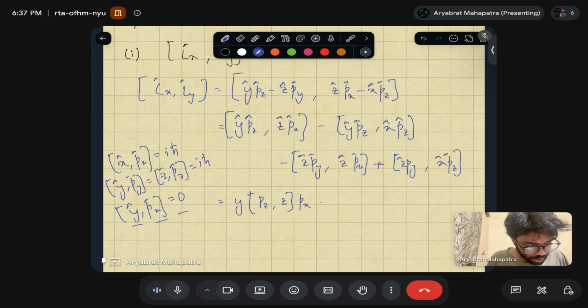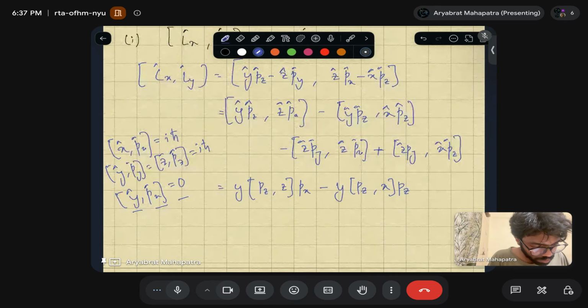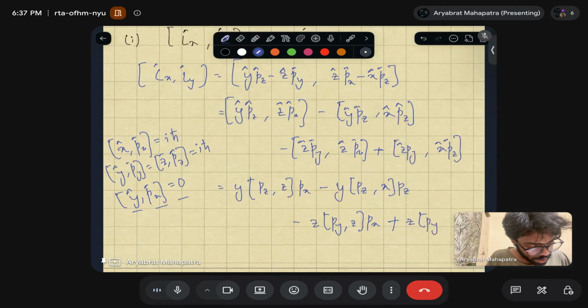The same thing I can do for y pz and x pz. Same thing I can do for z py and z px, and then z py and x pz.